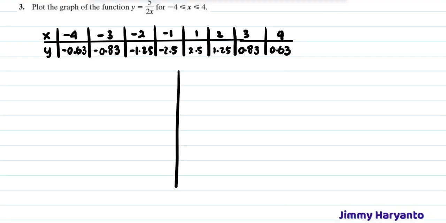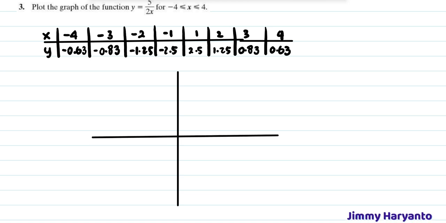Okay, this is the result, guys, and then I only have to plot the points and then connect them using a smooth curve. So this is y, this is x, for negative 4 and negative 1, 2, 3, 4, 1, 2, 3, 4, and then 1 and 2.